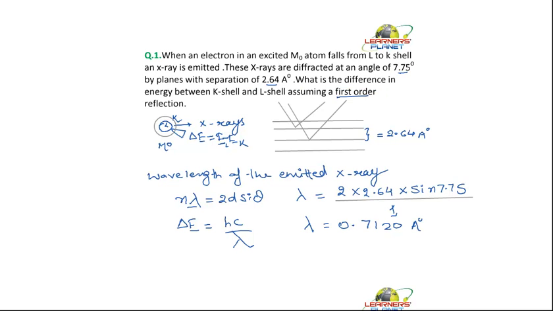Got our wavelength, right? Now, can we find out the energy of that X-ray? The energy of the X-ray will be the difference between the energies of the two levels, that is your L and K. So, this delta E will be equal to 6.626 into 10 to the power minus 34 into 3 into 10 to the power 8 meter per second.